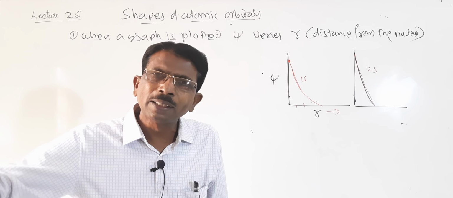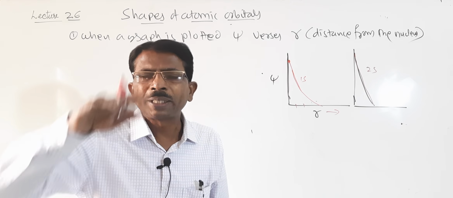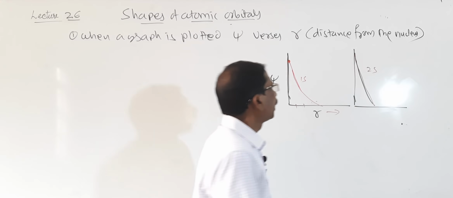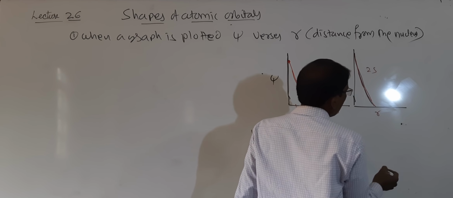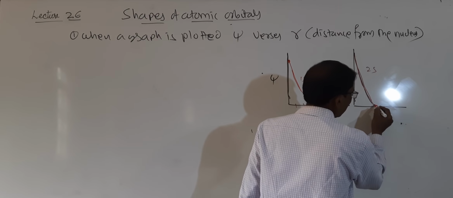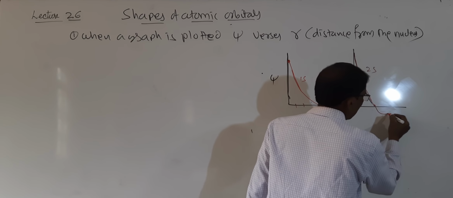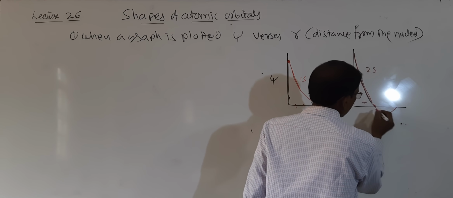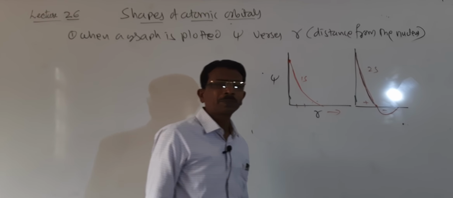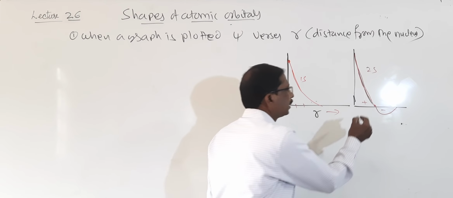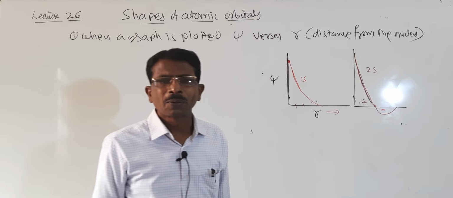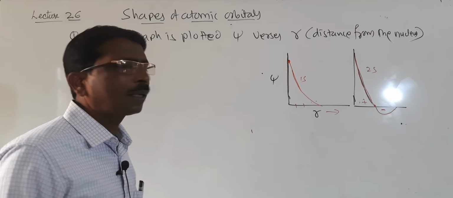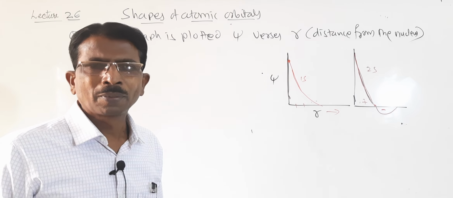As the value of r increases, it decreases sharply, then it reaches 0, and then it becomes negative. It is positive, then it is negative. So therefore it does not decide the shape.